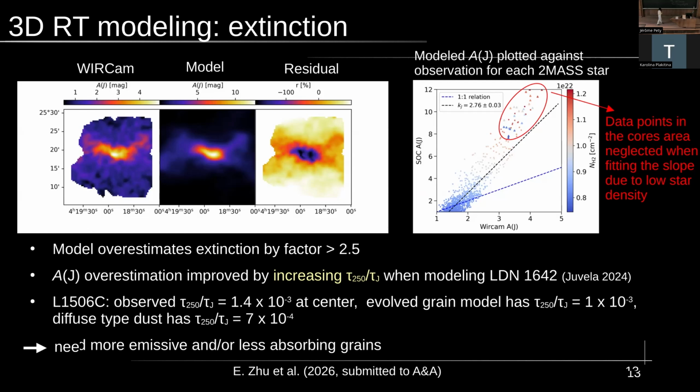So inspired by that, we also checked the tau ratio of our target, and the result shows that the observed tau ratio is actually much larger than both the evolved grain model and the diffuse ISM type model we use. This means that we need to use dust models with a higher tau ratio, so either dust models that are more emissive and/or less absorbing.